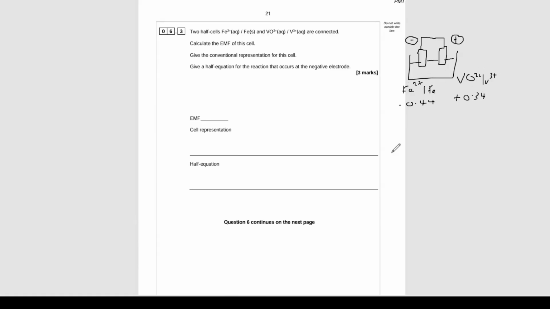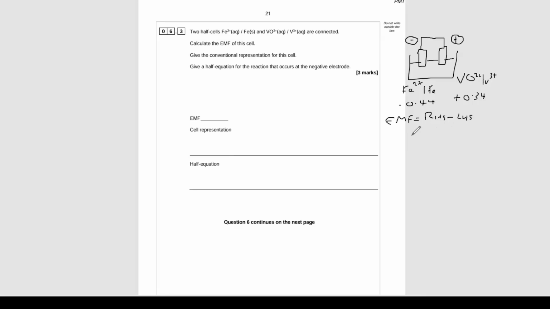So remember, if I want to calculate EMF, I'm going to do the right-hand side minus the left-hand side. Now that's the general rule, but that can get you in a stick with the first step of this question, when I was trying to prove that one wouldn't go with the other, you can prove it by flipping those. Anyhow, what I'm saying is the right-hand side minus the left-hand side.